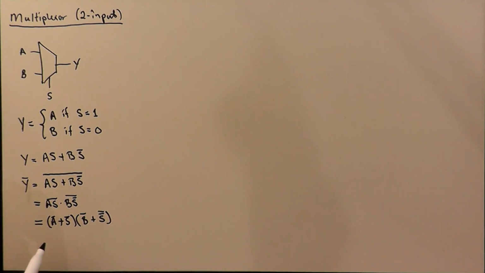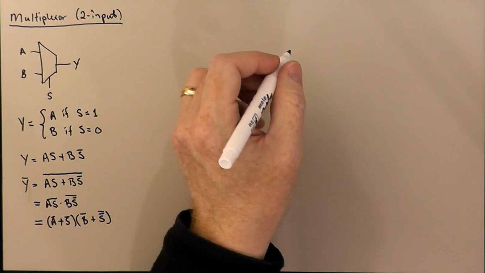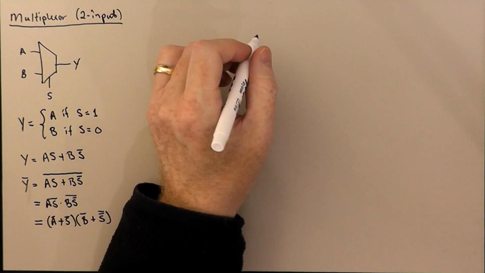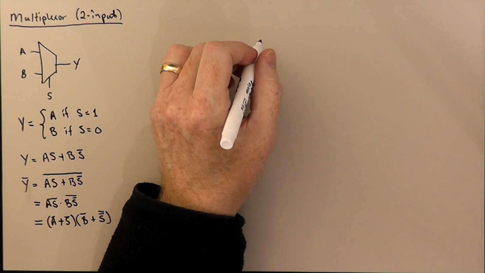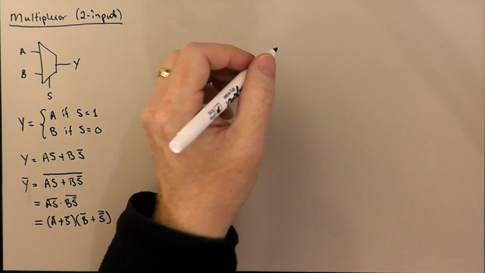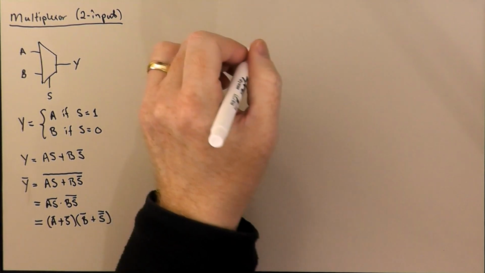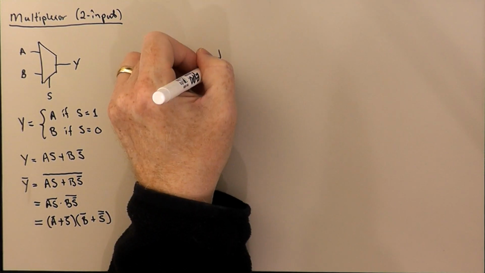If you remember, a directly implementable CMOS pull-up network is made with PMOS transistors, and so we want the literals, or the Boolean variables, to be complemented to match with the bubble on the gate. And so our pull-up network for Y bar would look something like this. We'd have two things in series, and each of those things will have two transistors in parallel.